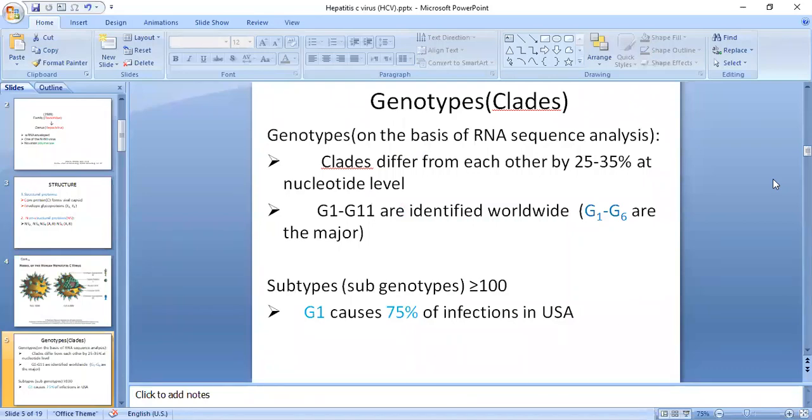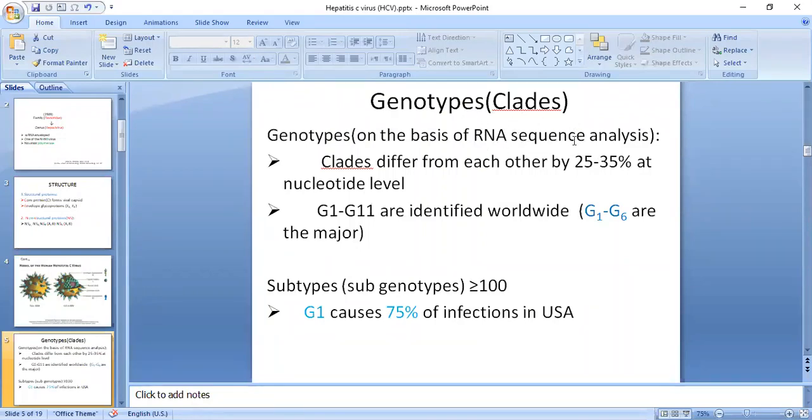There are various genotypes. They have clinical importance because the treatment varies according to genotype. Genotypes are determined based on RNA sequence analysis, the nucleotide sequences of the hepatitis C virus genome.